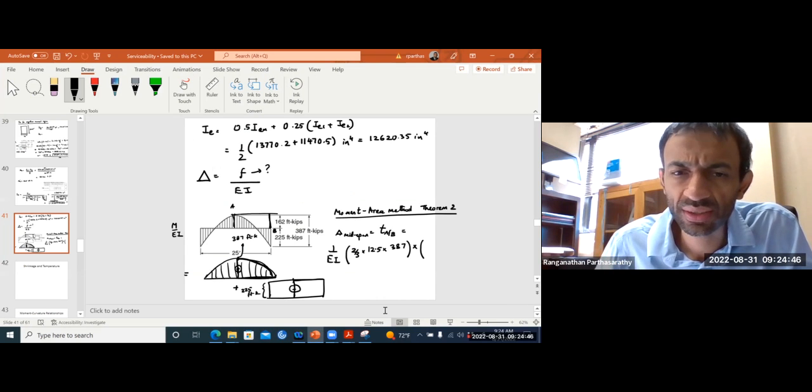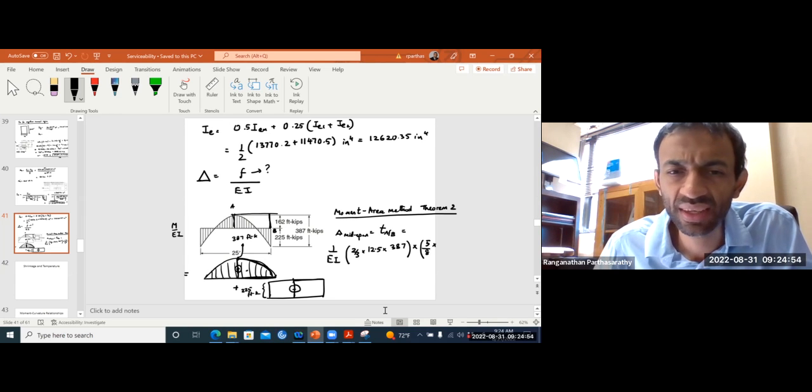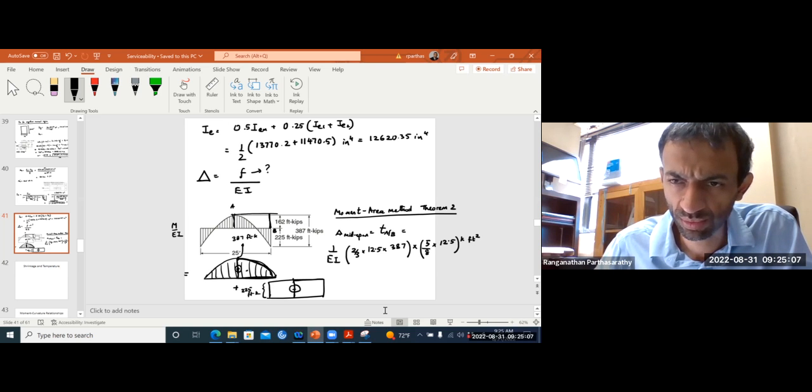So 5/8. I should have guessed that because it's closer to this end. Okay, 5/8 of 12.5 feet. So this is in the unit of numerator. You have unit of cube foot square.